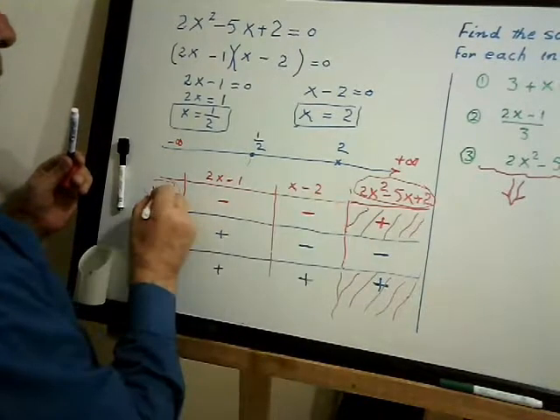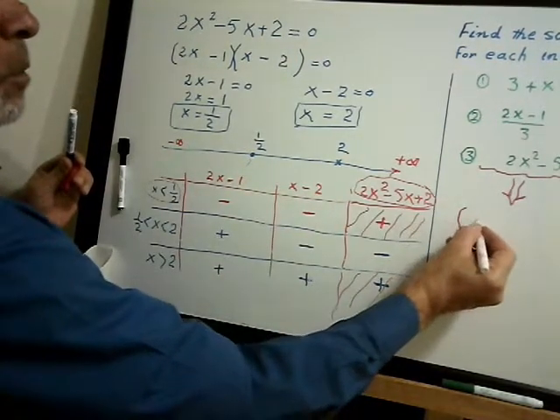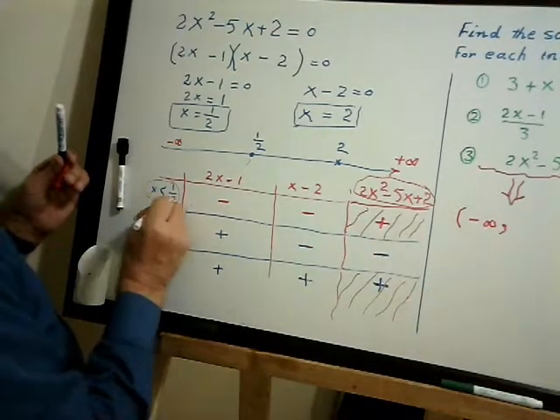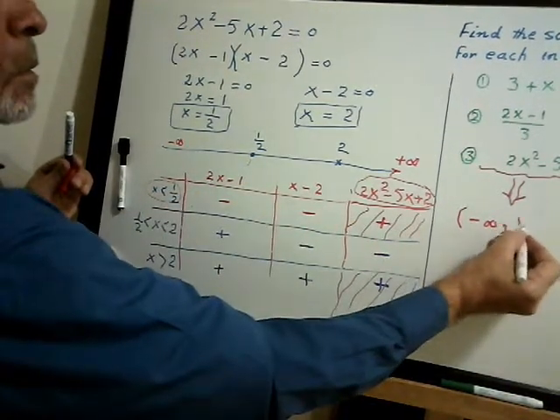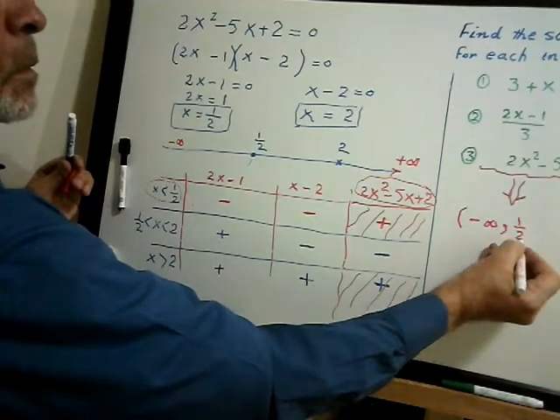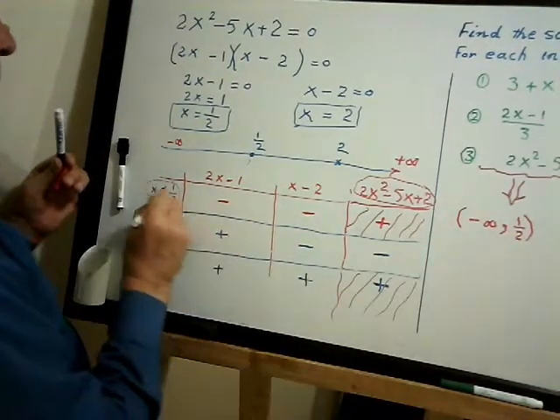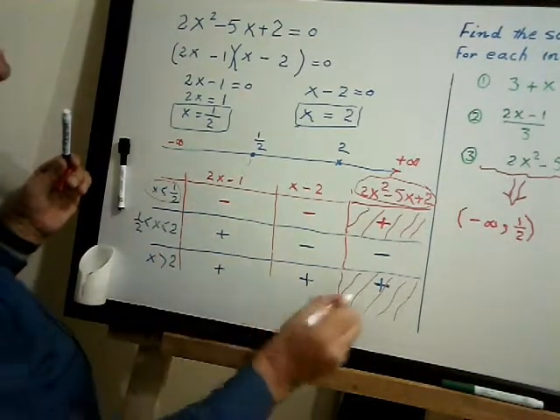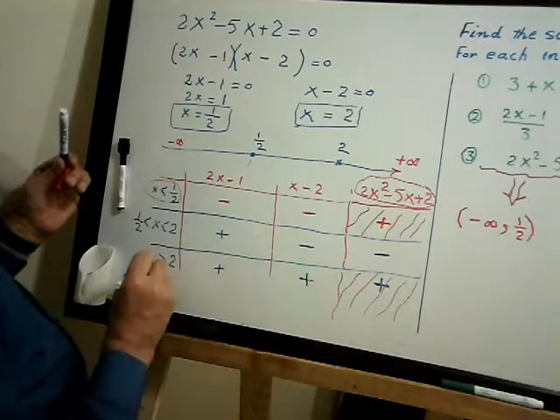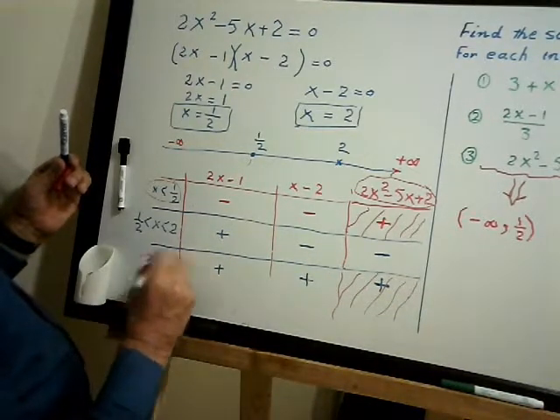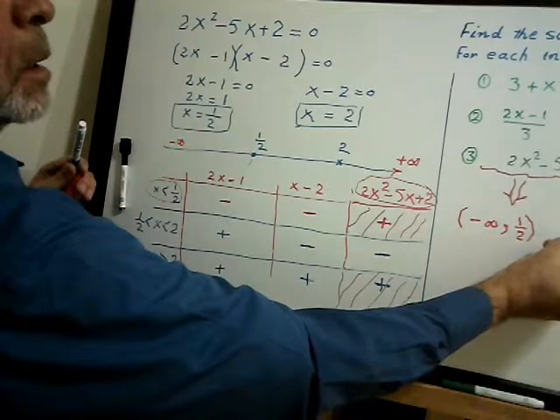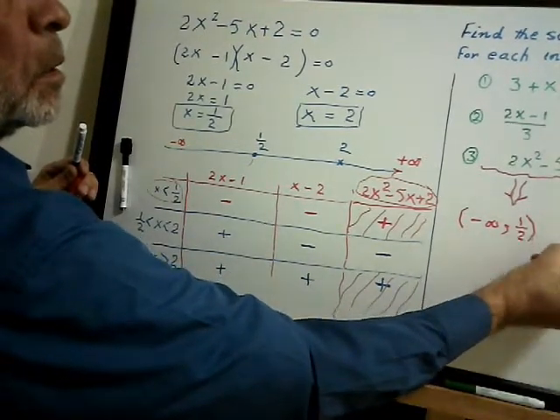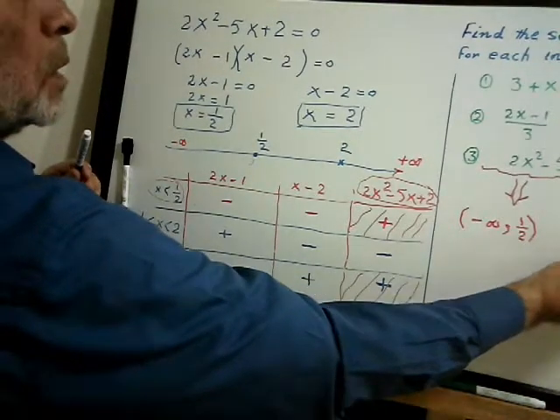The first interval is from negative infinity to half, and the third interval is x greater than 2, that means 2 to plus infinity.